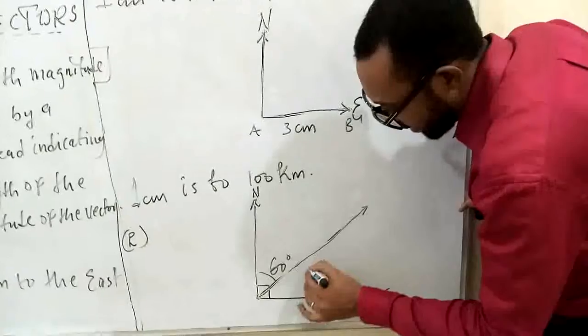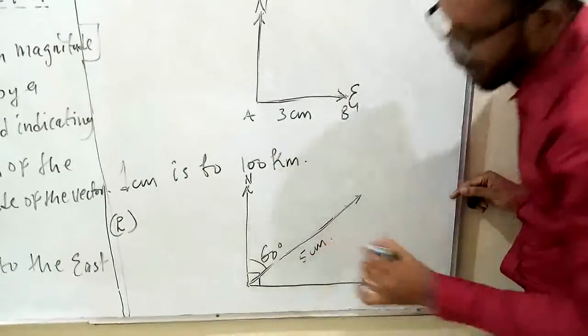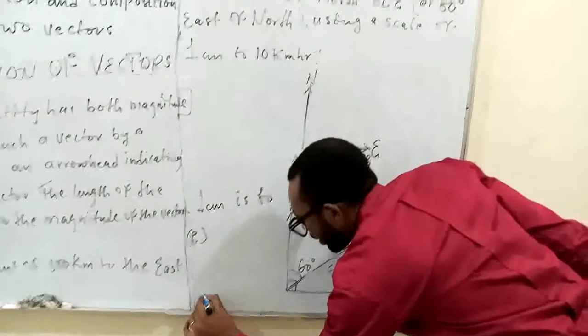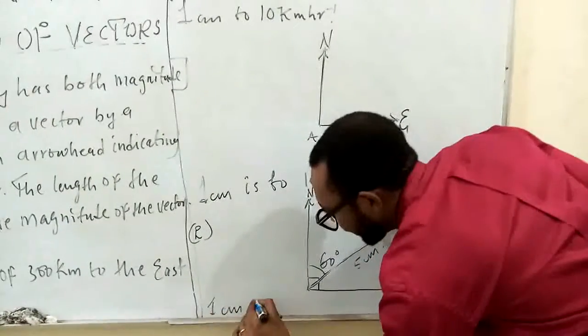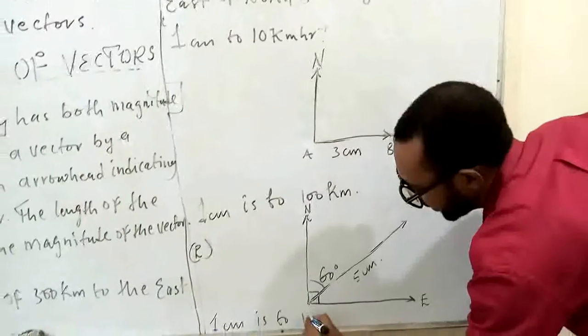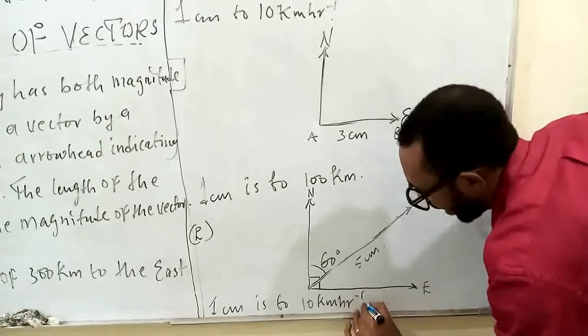This should be 5 centimeters, if we are going with a scale of 1 centimeter is to 10 kilometers per hour. Did you get that?